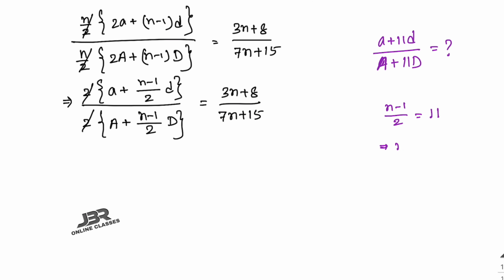So n minus 1 equals 22, and that means n equals 23.